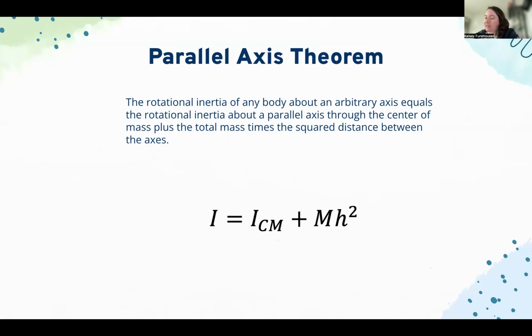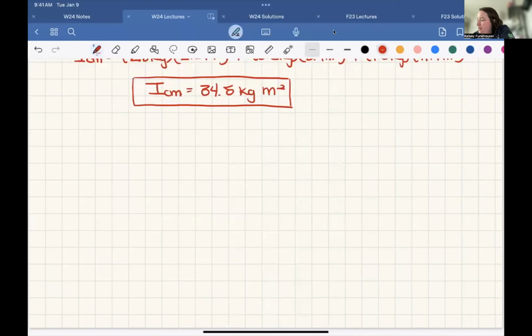And I think I even have a little bit of room on the page, so let's do that really quickly. We'll compare to the rotational inertia through mass 1, which was 52.8 kilogram meters squared.